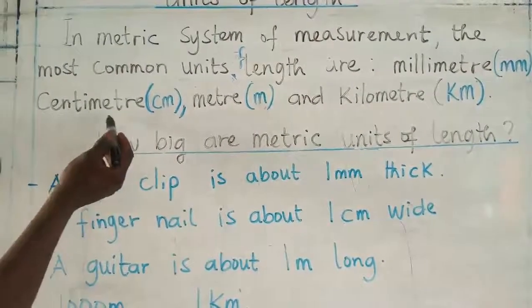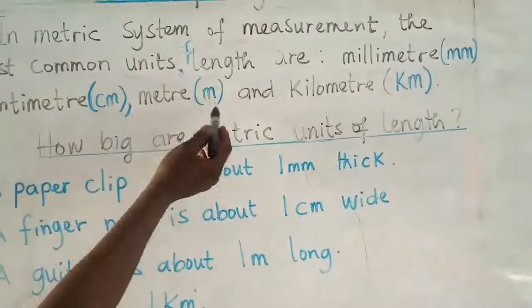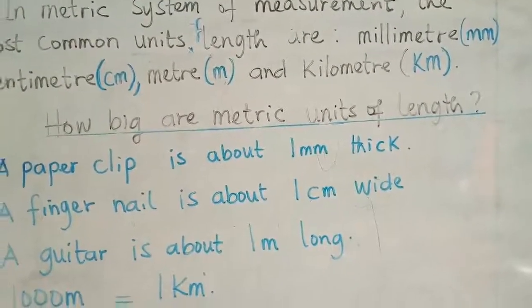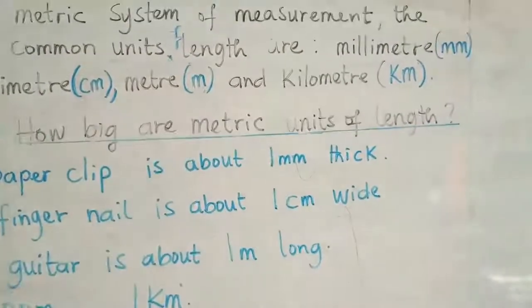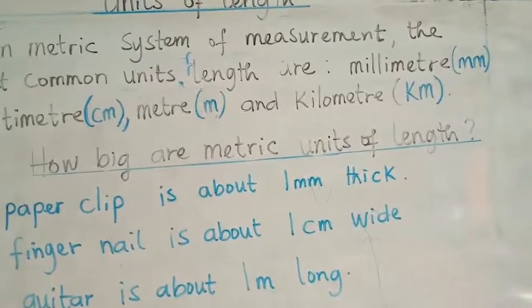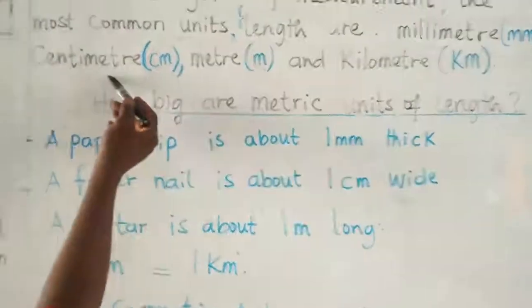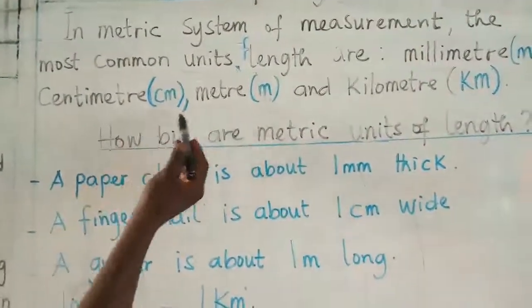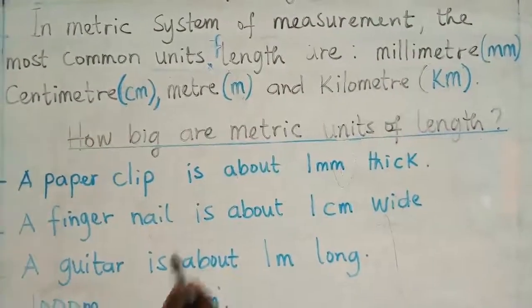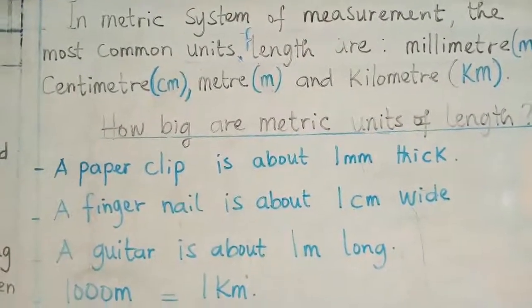We have centimeter, which is cm. We have the meter, which is the base unit, which is m, and we have the kilometer, which is km. Millimeter and centimeter are smaller than meter, while kilometer is larger than meter.